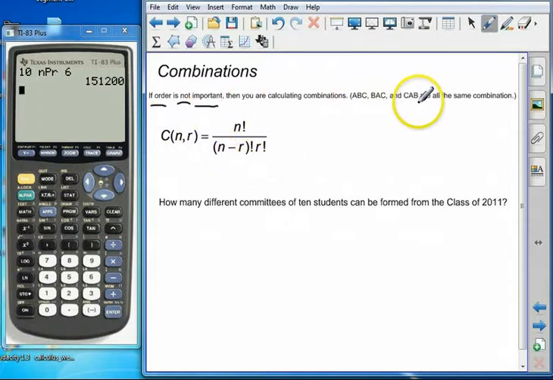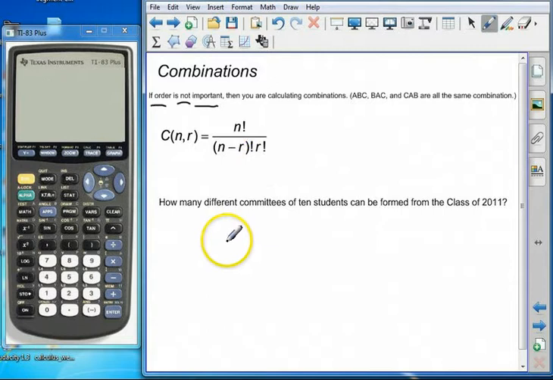Because these are all the same combination, they only count as one combination, so we're going to have fewer results for combinations than we do for permutations. The formula is n factorial divided by (n minus r) factorial times r factorial.